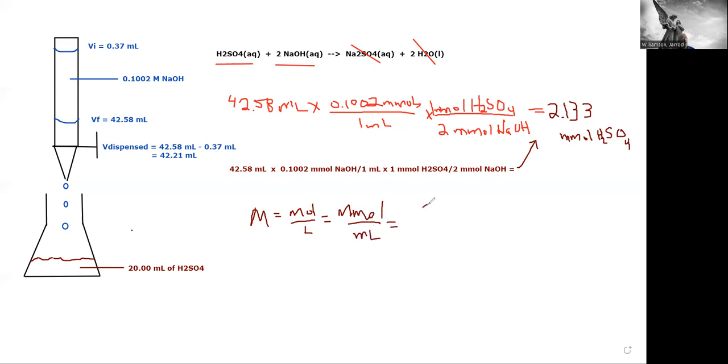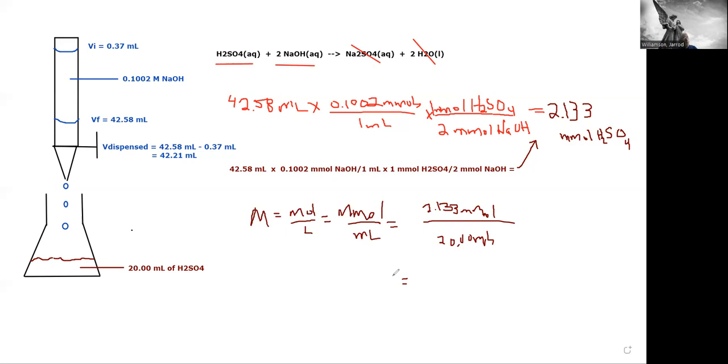So I have 2.133 millimoles of the sulfuric acid over 20.00 milliliters of the sulfuric acid.